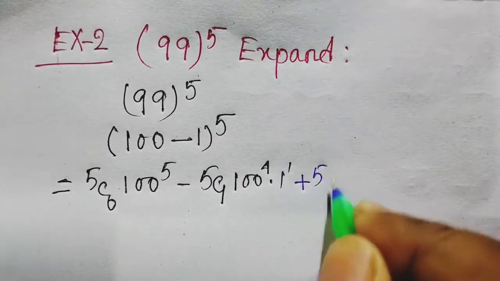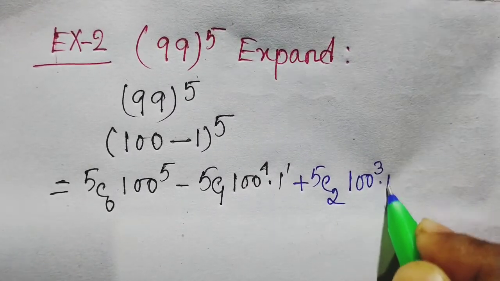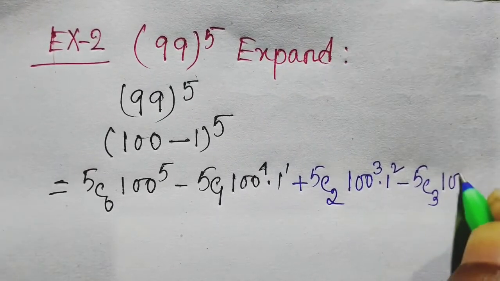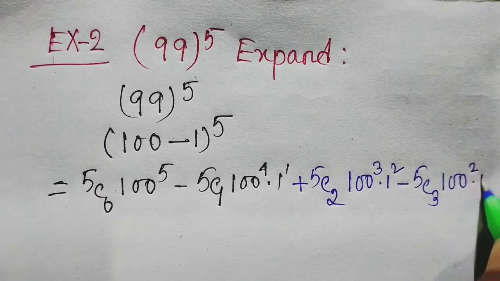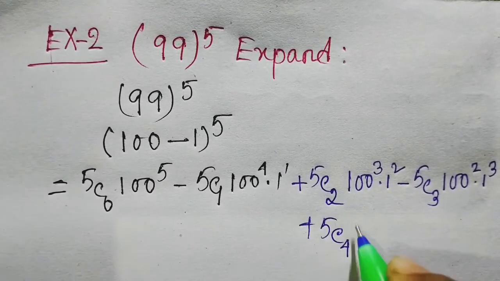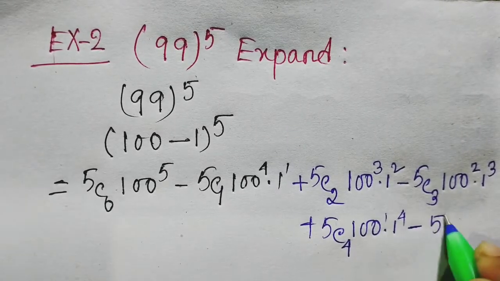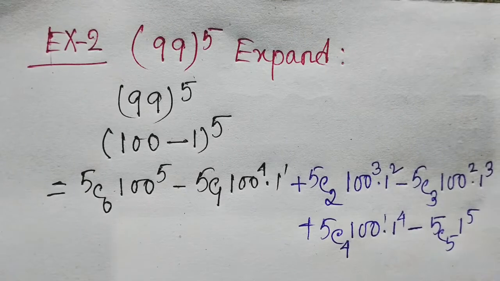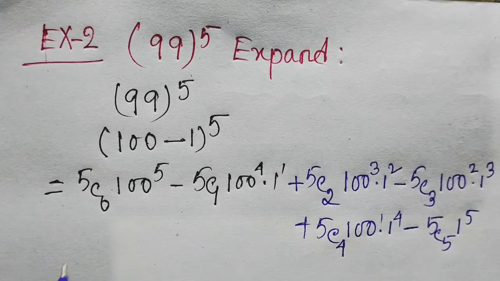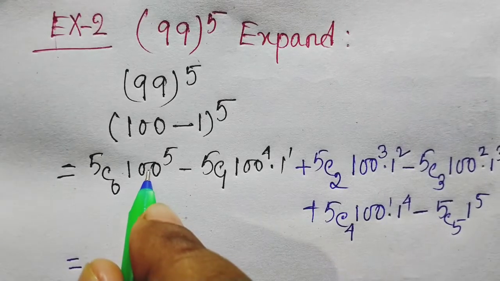Next plus 5c2 100 to the power cube and 1 to the power 2, minus 5c3 100 to the power 2 and 1 to the power cube, plus 5c4 100 into 1 to the power 4 and last 5c5 1 to the power 5. Now 100 to the power 5. So right here, 5c0 means 1 and 100 to the power 5.